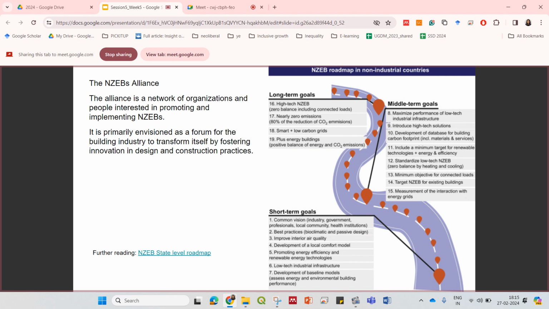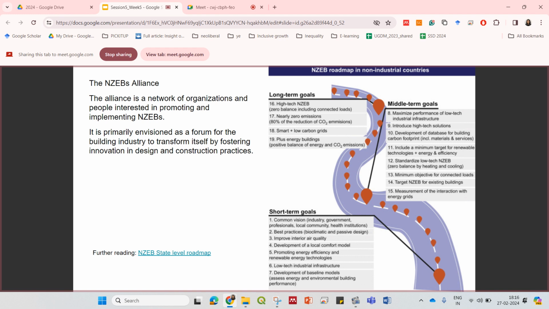Then things like developing database for building carbon footprint, which can keep record of what materials and services go into a building, what carbon footprint they are having, and what the buildings are doing to counter that carbon footprint. Things like that also take a lot of time, as a lot of data collection and analysis of the building's footprint is needed.